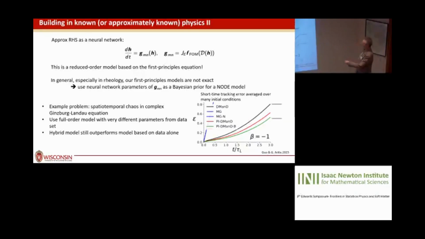Here's the approach where you use the governing equations as a Bayesian prior, and you can actually reduce the ensemble average error at 1 Lyapunov time by a factor of 2 by using the built-in physics that you have. Even if the physics is wrong, this is actually in the case where the parameters that we gave the first principles model were incorrect. You can fix that error in the first principles model with the data.